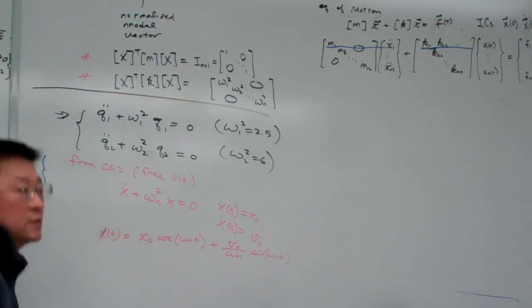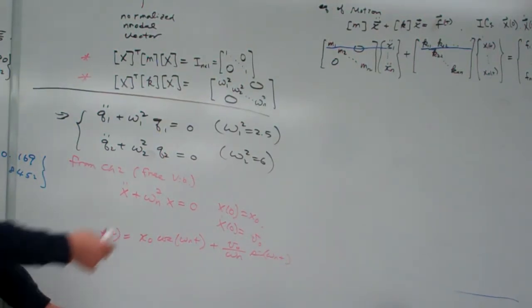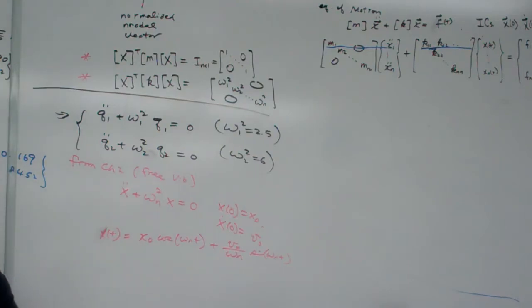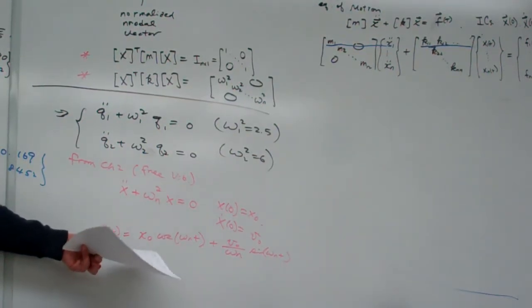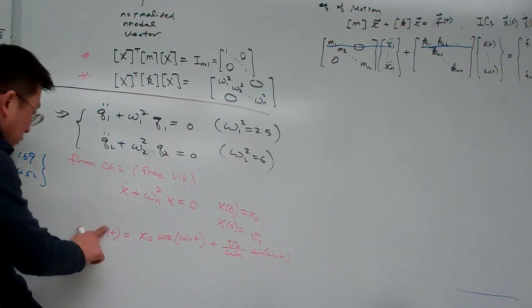This is a template, in particular for free vibration, because for this one the force term is 0. So I copied the solution pattern from the textbook. That is a free vibration.